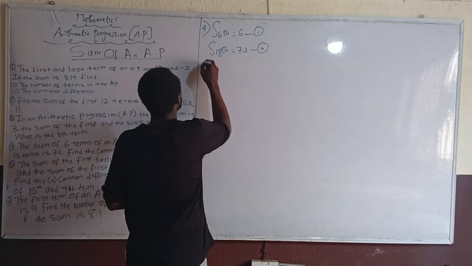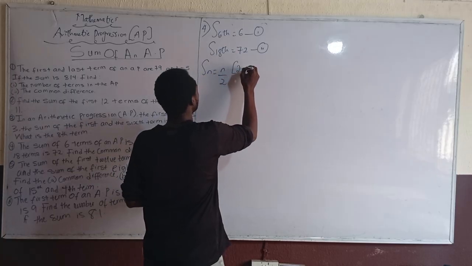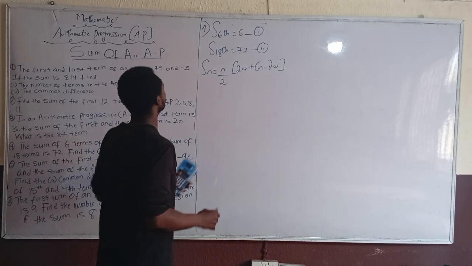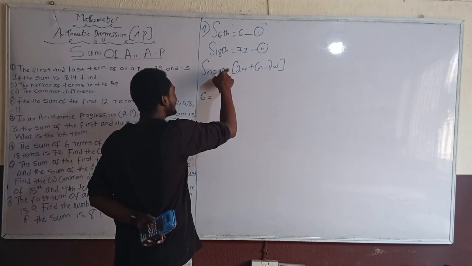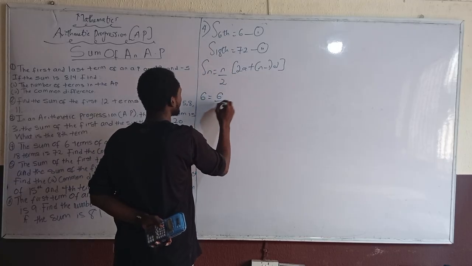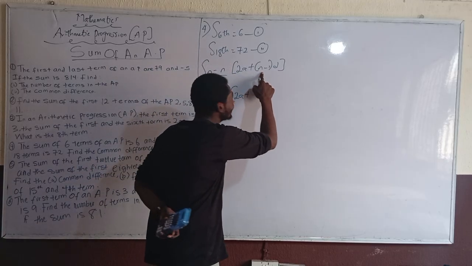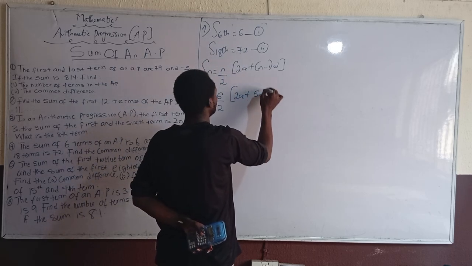Now my sum is Sn equals n over 2 times 2a plus n minus 1 d. So S6 is 6. My n is 6 over 2. I have 2a plus, n is 6, 6 minus 1 is 5, 5d.